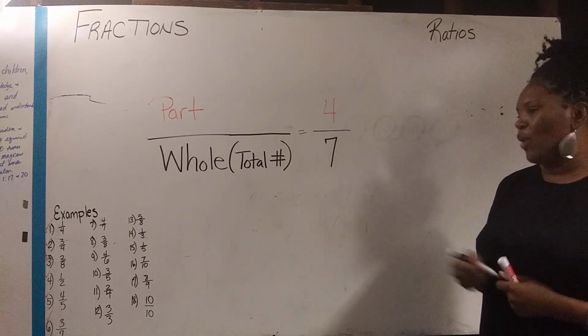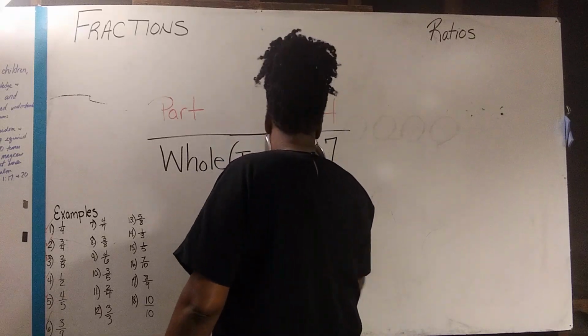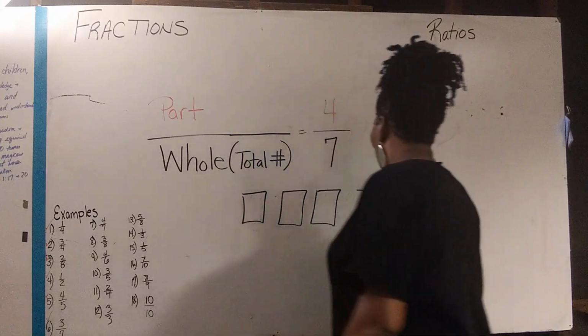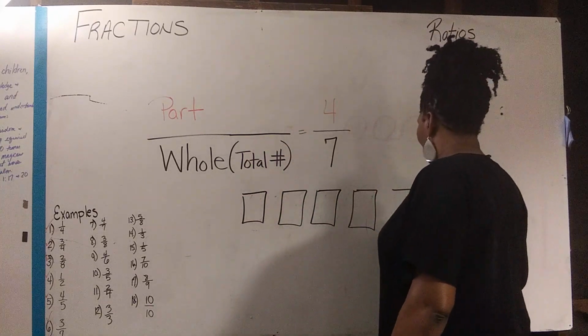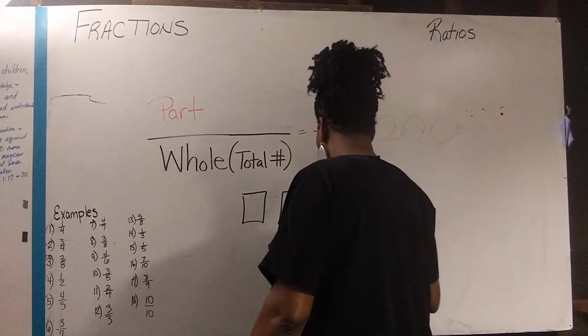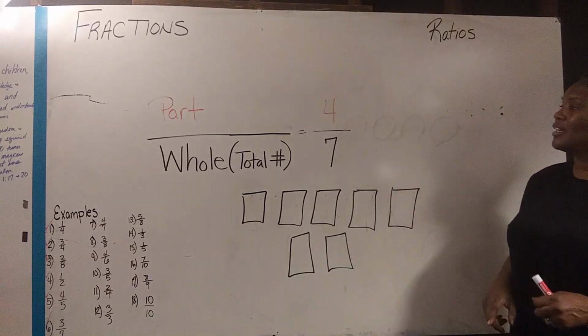On this one, let's do squares. I'm going to draw 7 squares. 1, 2, or something that look like squares. 3, 4, 5, 6, 7.